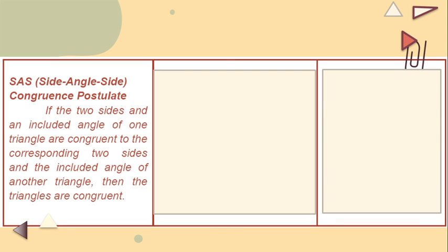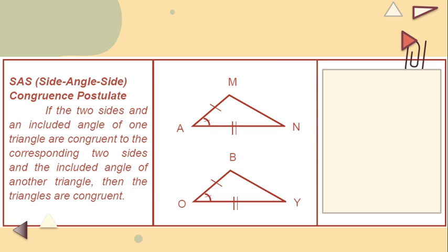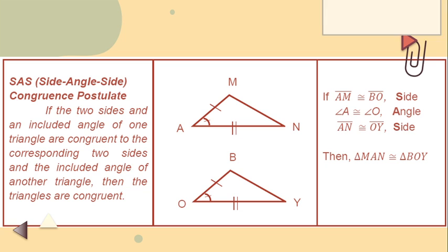Next is we have the SAS, or the side angle side congruence postulate. It states that if two sides and an included angle of one triangle are congruent to the corresponding two sides and the included angle of another triangle, then the triangles are congruent. Ito yung ating example ng illustration ng nagpapakita ng SAS postulate. And ito yung ating mga congruent parts.